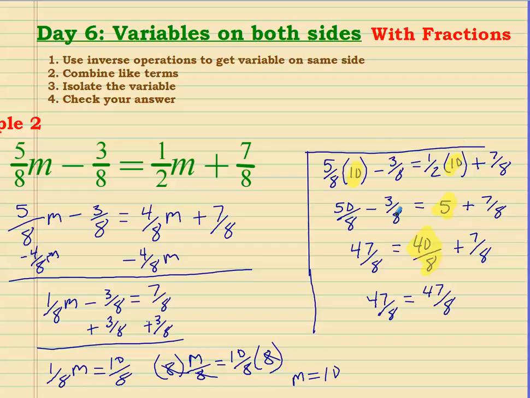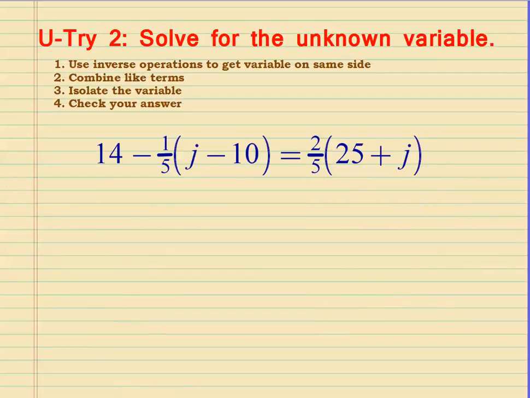I started solving, and then 1/2 of 10 is 5, but I couldn't add the 5 to the 7/8, so I converted it to an improper fraction with a denominator of 8. All right, if you want to take a look at that, you can rewind, but I'm moving on. Here's your u-try, and it's got fractions, but these should be a little bit simpler, and there's a distributive property.